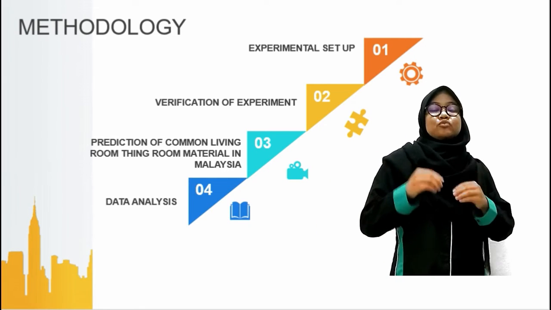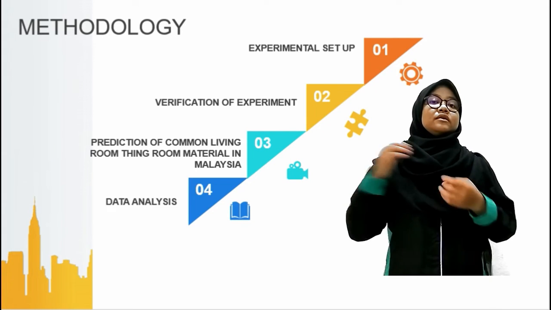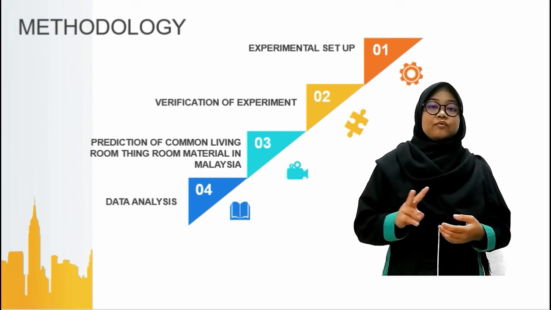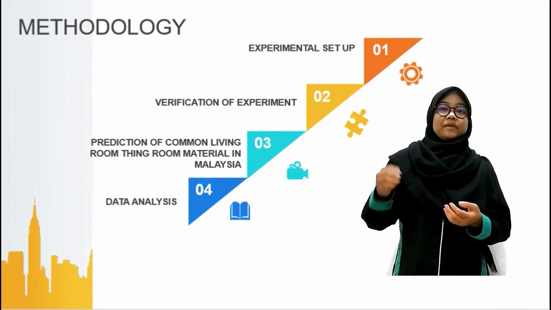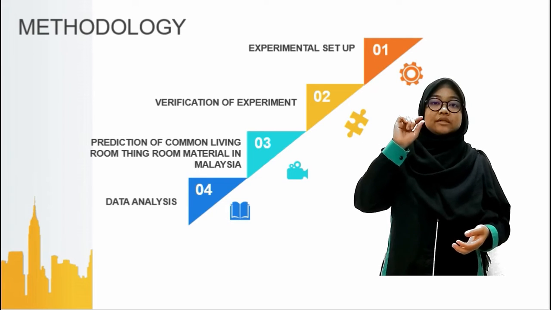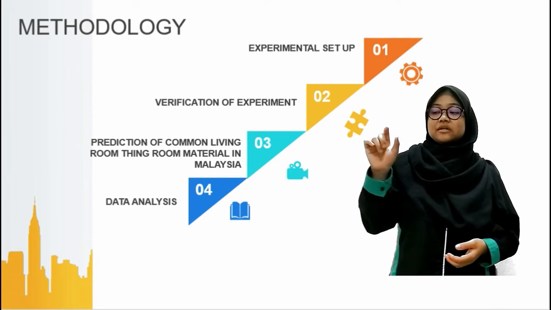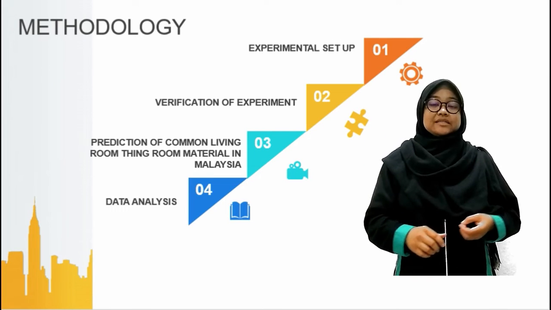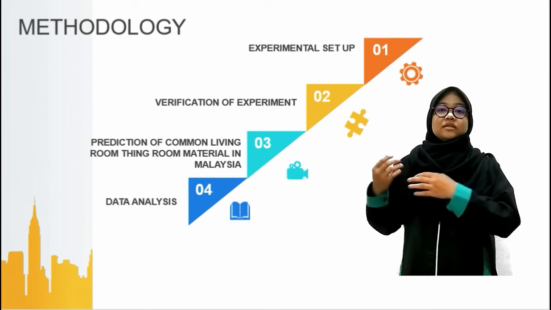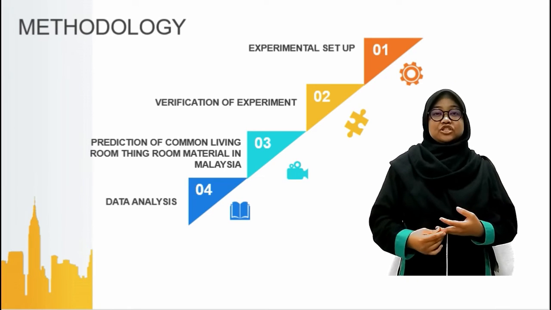After phase 1 is successful, we will run phase 2, where we will test all the materials in the living room to determine the predicted time taken for each material. Last but not least, I will analyze all the data and provide a new data set for Malaysia.